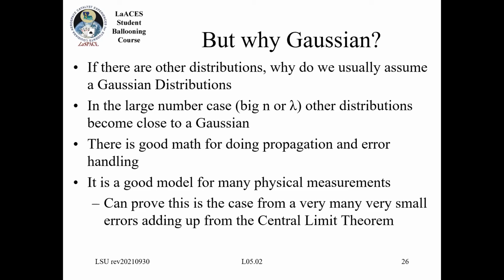And in fact, you can mathematically prove that if I have a very large number of small errors of random different types of distribution, it doesn't really matter what they are, if I have a whole bunch of these contributing, the total error will eventually look like a Gaussian.